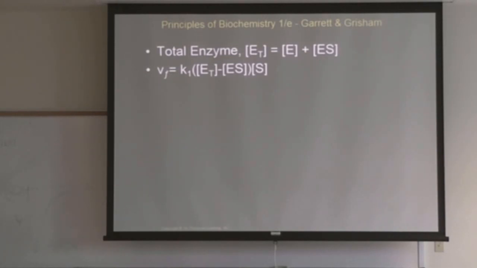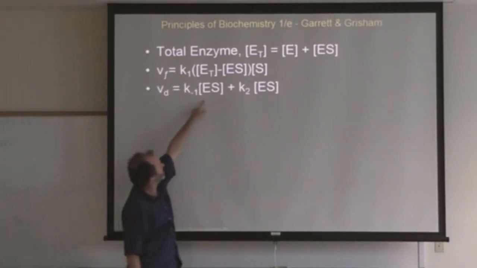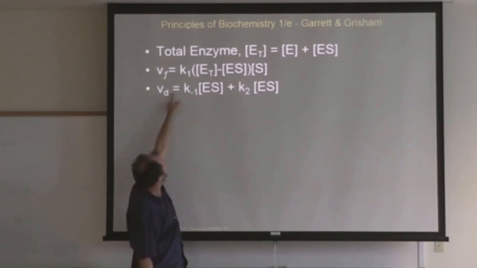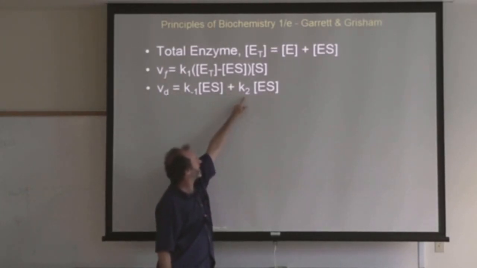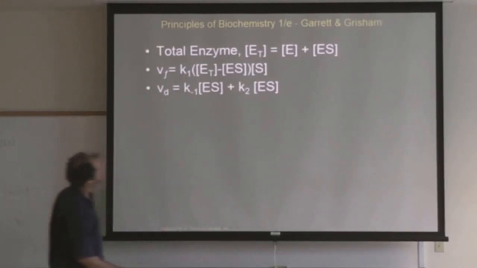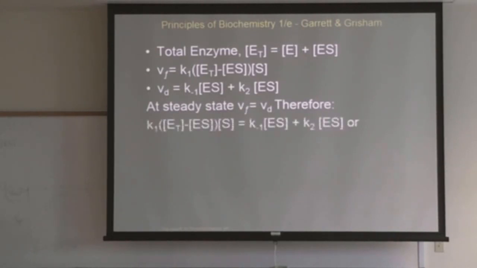So you see where that comes from then, sort of? No? So the velocity of dissociation equals K minus 1 times enzyme-substrate complex plus K2 times enzyme-substrate complex. And at steady state, those two are equal. Therefore, we get this.